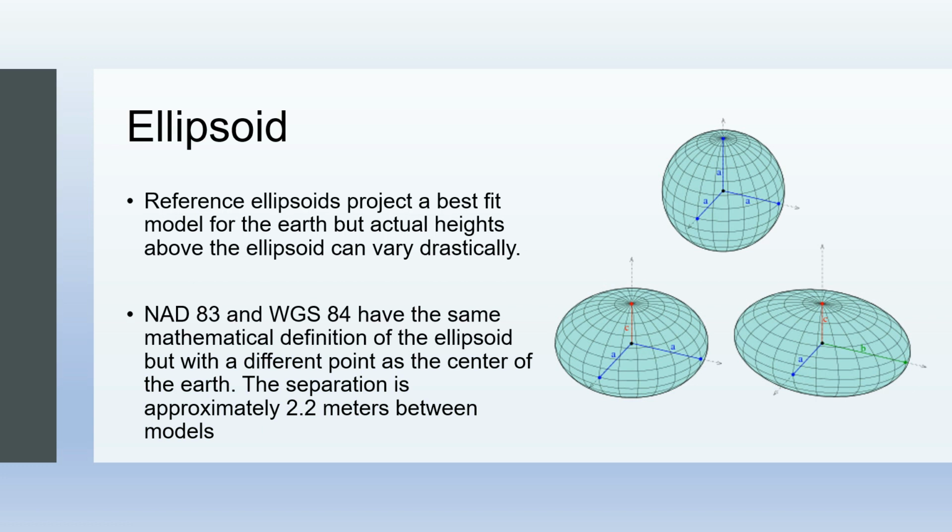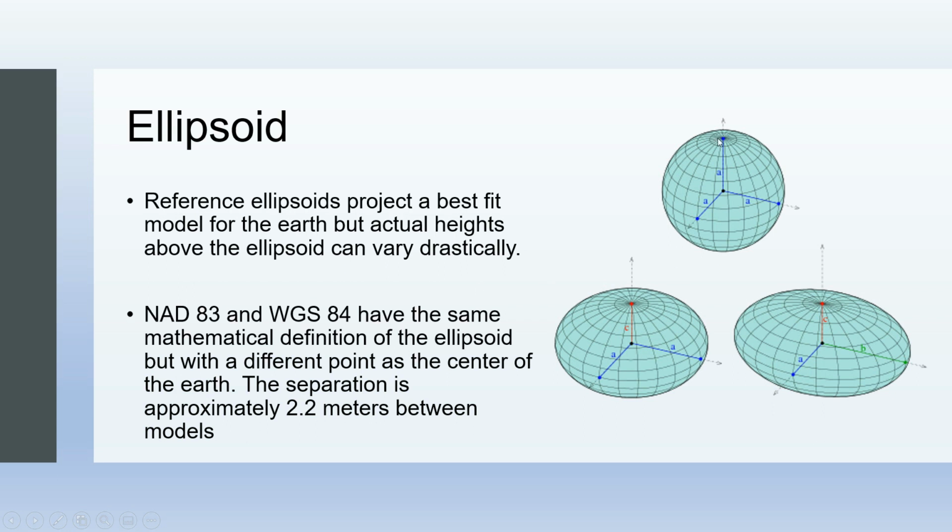That means there can be wild fluctuations between the reference ellipsoid and what is actually more representative of the Earth's surface, okay? We're going to get into that when we're talking about geoid models. Basically, the only difference between the NAD83 and WGS84 ellipsoid is the center point is located 2.2 meters different, and that's because the NAD83 is a best fit model for the North American continent, okay?